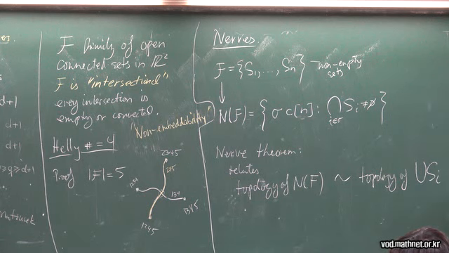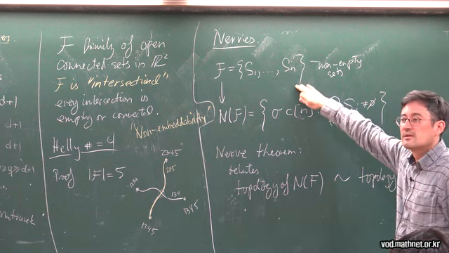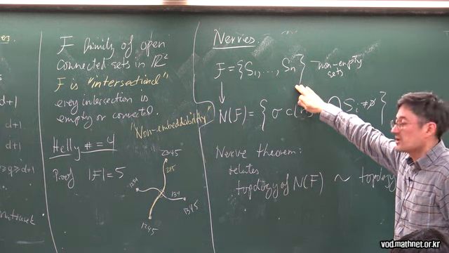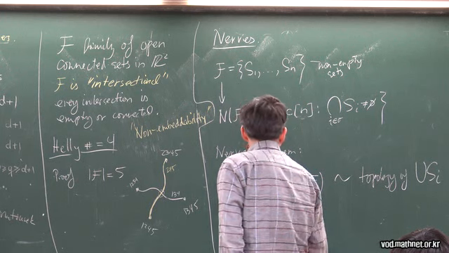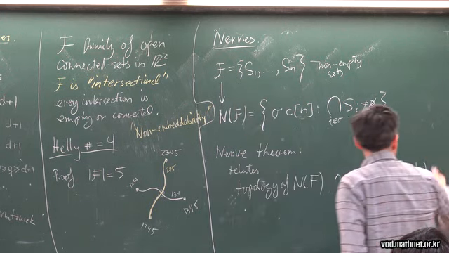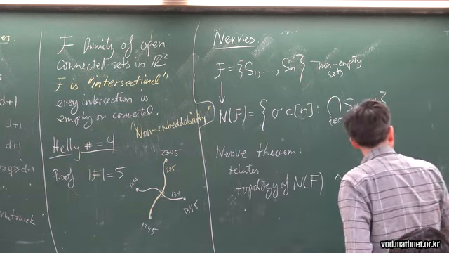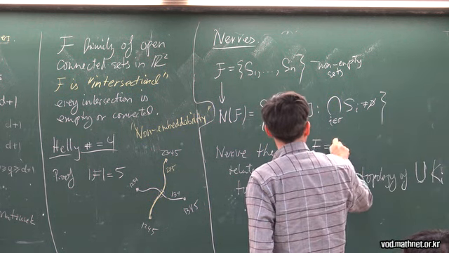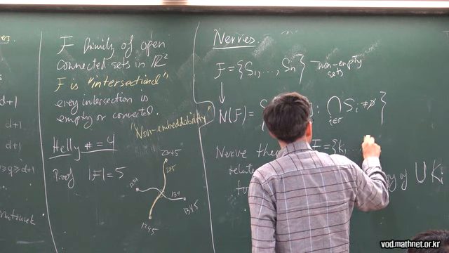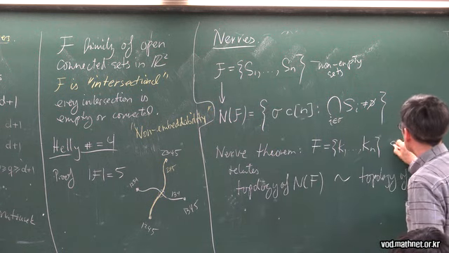That's what you want a nerve theorem to do. But in general, there is no relation, well, this is just a family of sets. There isn't even a topology here. But when we use this, let me change my notation here a little bit. Ki, F, K1, Kn. These are simplicial complexes.